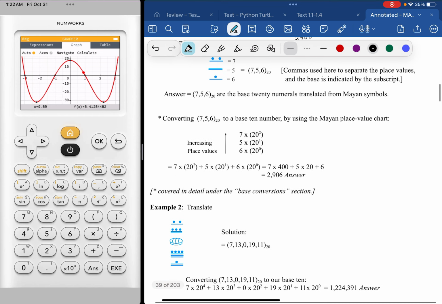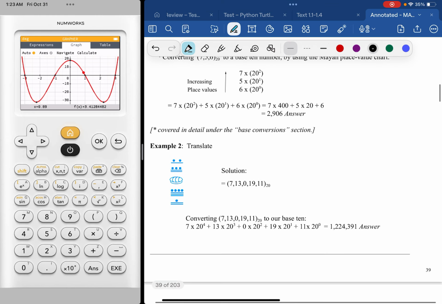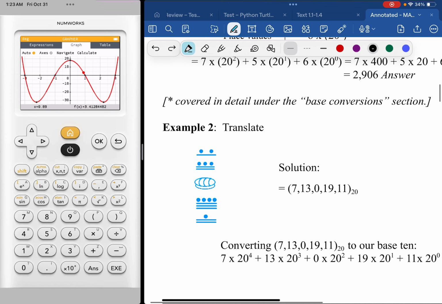Same idea with the second example. This notation I'll dive into a little bit more deeply as we go, but for now we'll just look at it from the different level standpoint. So this is 20 to the 0th, 20 to the 1st, 20 to the 2nd, 20 to the 3rd, 20 to the 4th.